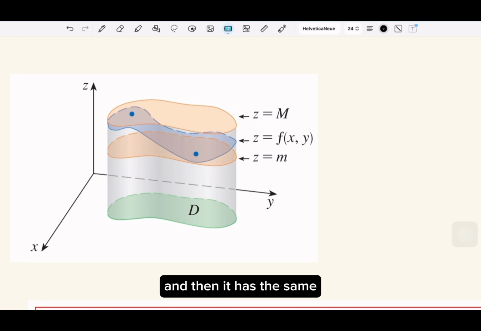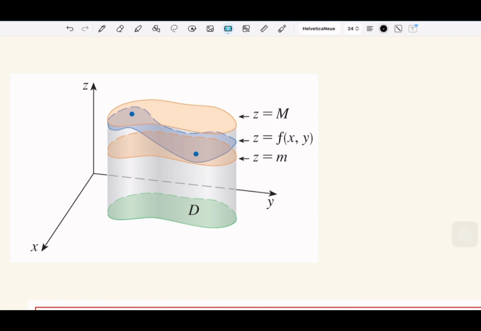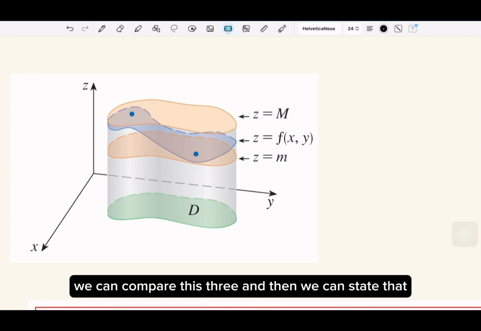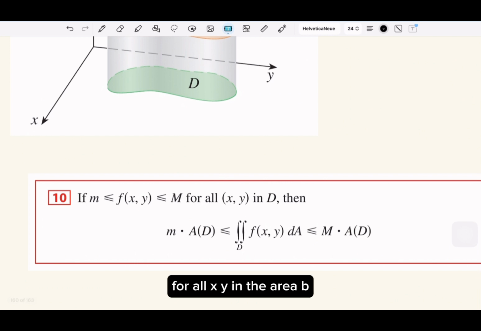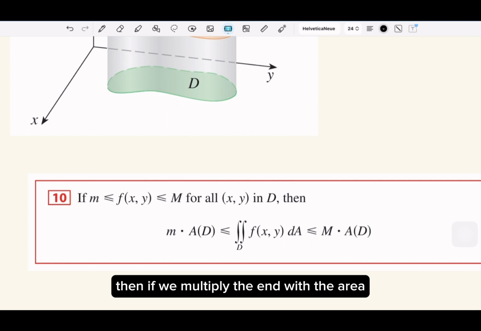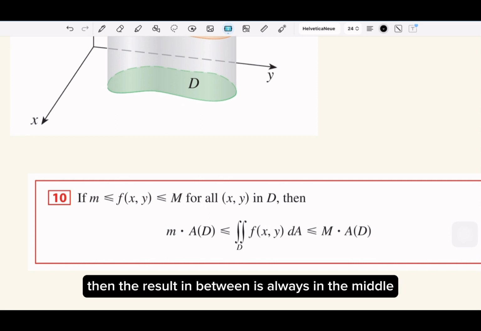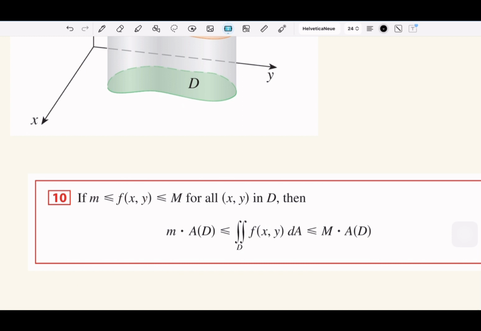And it has the same projection, the same area. Now we can compare these three, and we can state that for all x, y in the area E, if we multiply m with the area and M with the area, then the result is always in the middle.